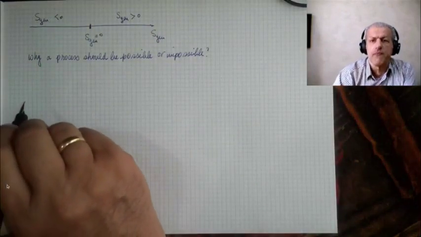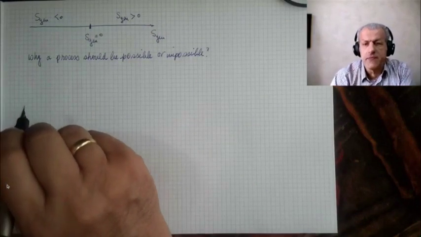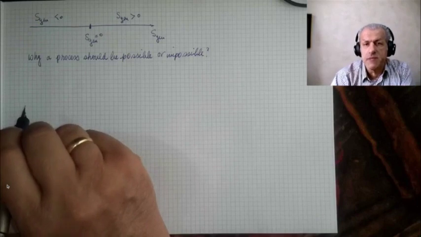Why should a process be possible or impossible?